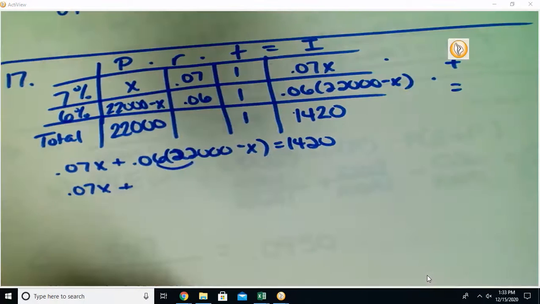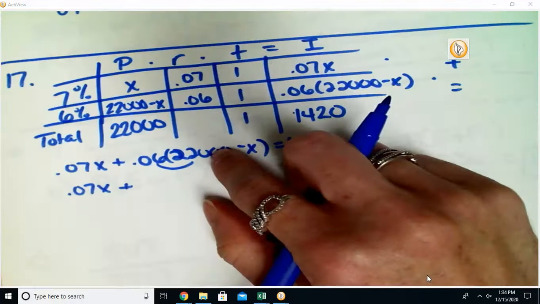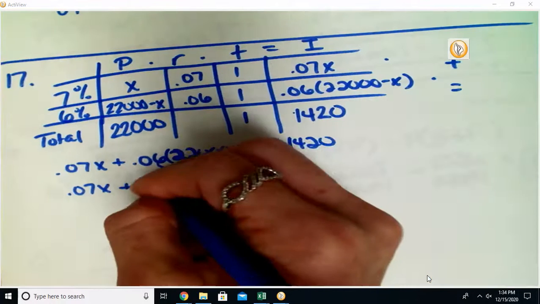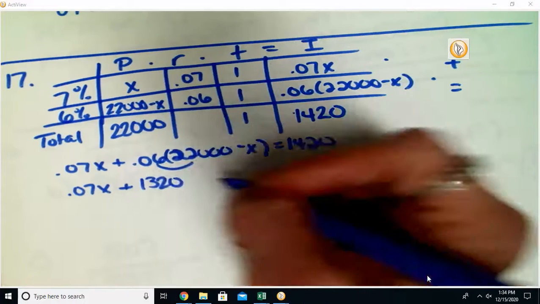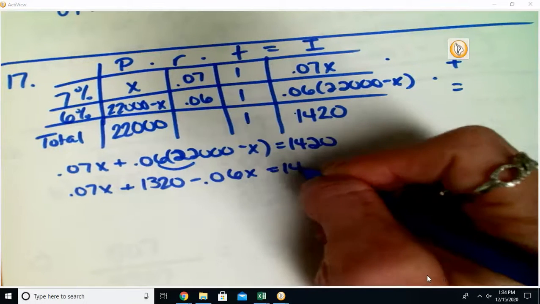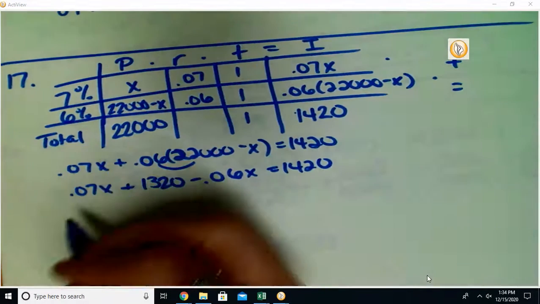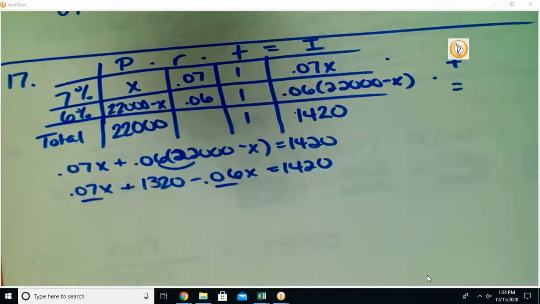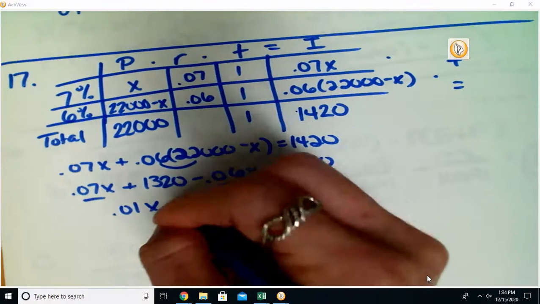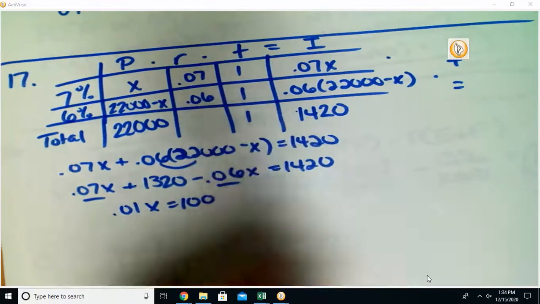So if we distribute 0.06 times 22,000, what does that give me? 1320. Okay, combine like terms: 0.07 and negative 0.06 is 0.01. Subtract over your 1320, you get 100.